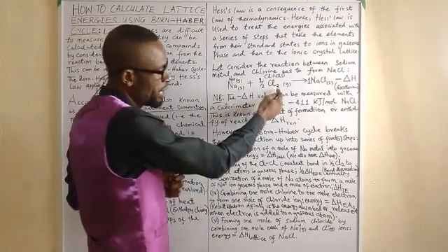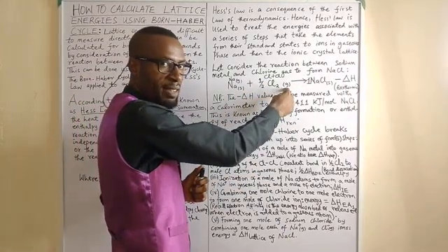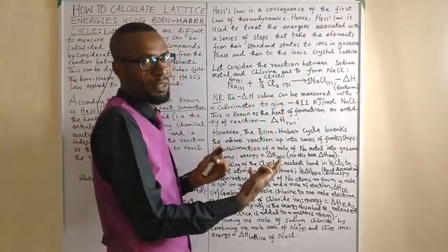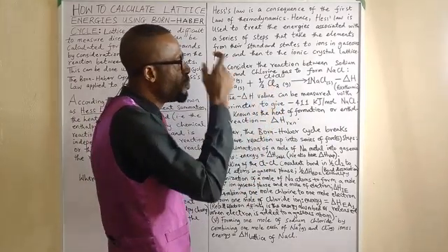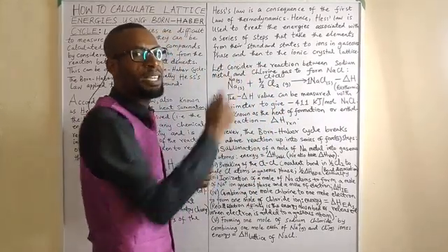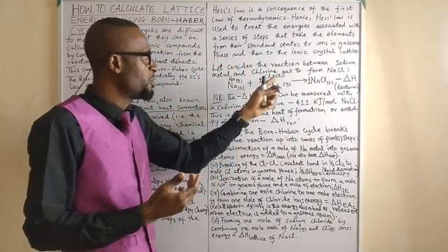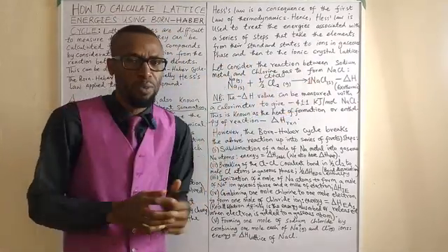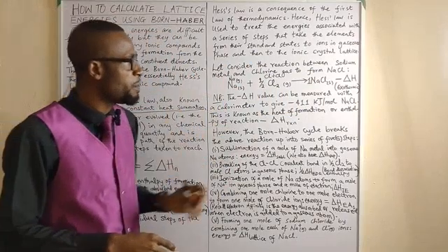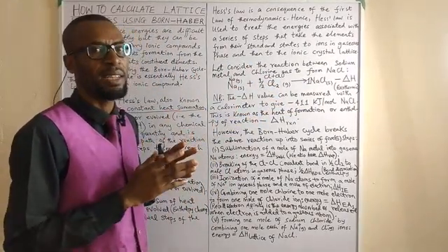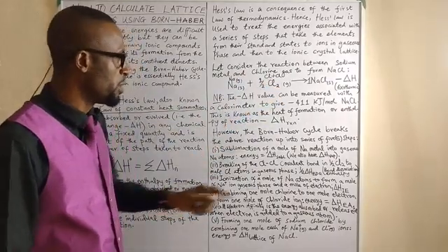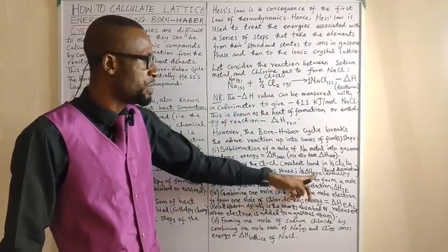So remember, the chlorine gas already is in the gaseous phase. So we're not talking about changing it to the gaseous phase. Rather, we're interested in breaking up the covalent bond to make a monoatomic gas of chlorine, because that's what we need. We just need 1 atom of chlorine to react with this to give us 1 mole of this. So in the second step, it's all about the energy required for us to break up the covalent bond, and that is known as delta H BDE.